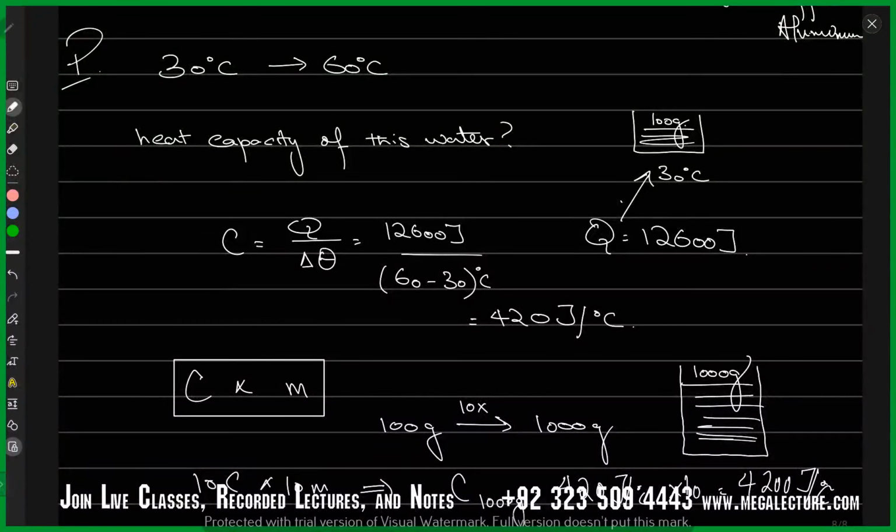And so then instead of using the formula, going back and putting in the values, all you can do is figure out how many times did the mass increase. That's 10. Then multiply the heat capacity that you found for the 100 grams of mass by 10 to get the heat capacity for 1,000 grams of mass, right? And so that's just 420 times 10.